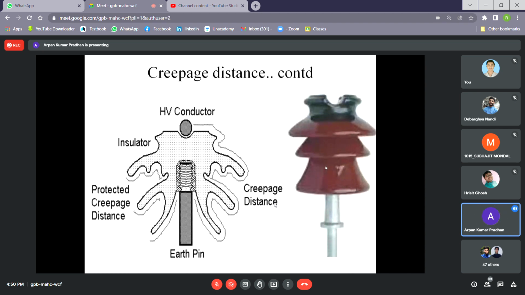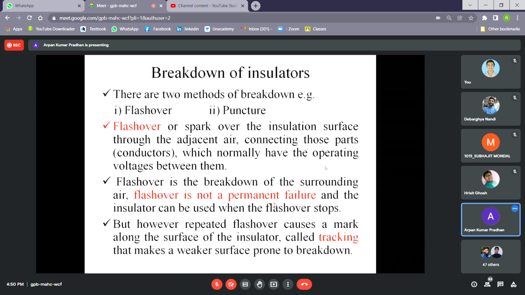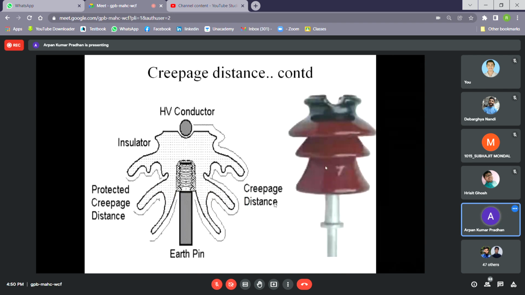Okay, but what happens if the flashover is repeated? A path is created through the surface of the insulator, or through the creepage distance of that insulator, through tracking, and that may enhance the probability of flashover on the insulator surface.